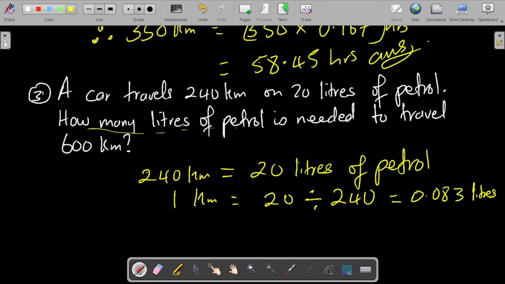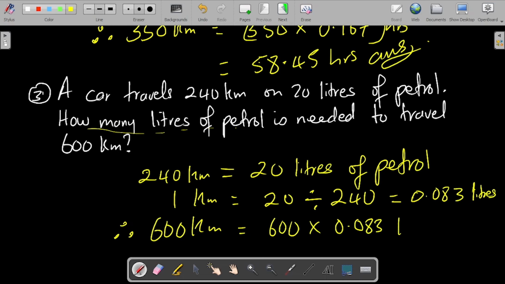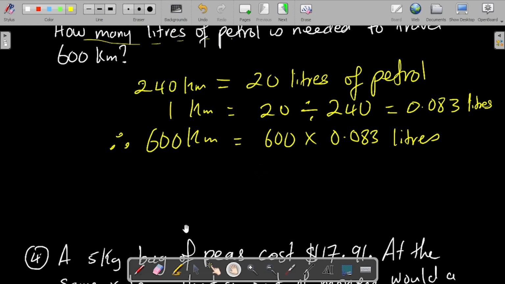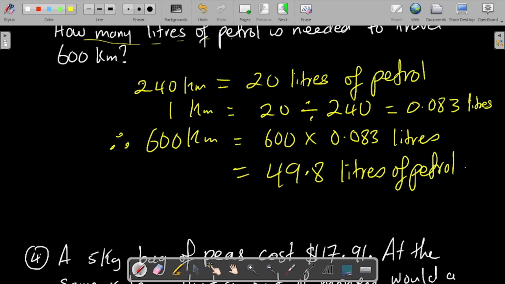That's for 1 kilometer. So therefore 600 kilometers would be equal to 600 times 0.083 liters, and calculating that we get 49.8 liters of petrol, and that's our answer there.